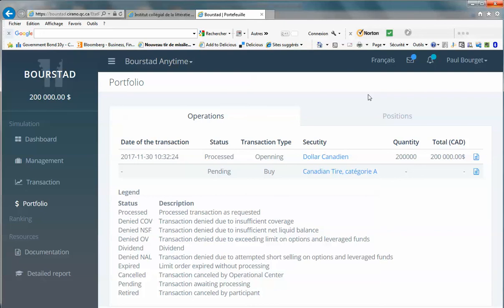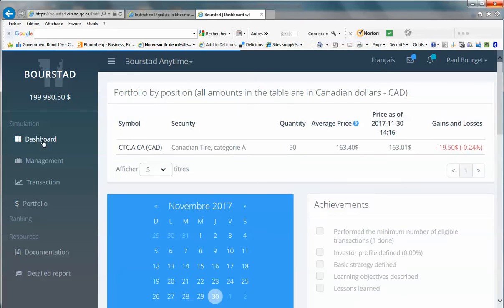So we are now resuming this animation after a few minutes. If we go now to the dashboard, we'll see that we have one stock in our portfolio. This stock is Canadian Tire. We have 50 shares.